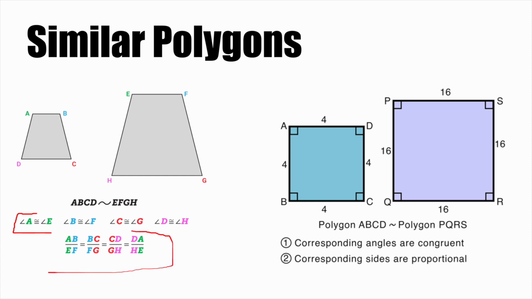So this is the second property. Here there is a square which is given and the square satisfies both properties. First, the angles of a square are 90, so all four angles are congruent, and then the ratio of their corresponding sides is also equal. So this square is similar to this square.